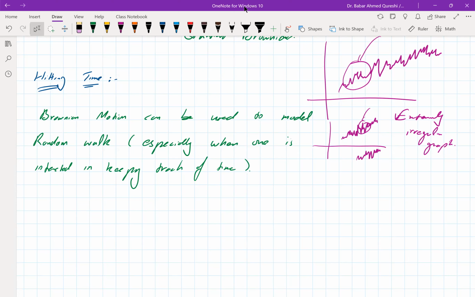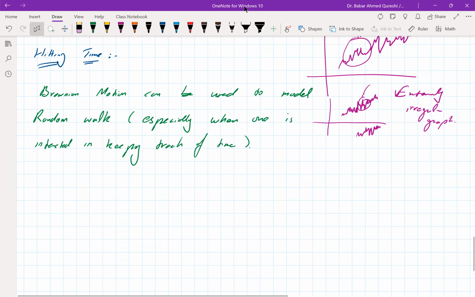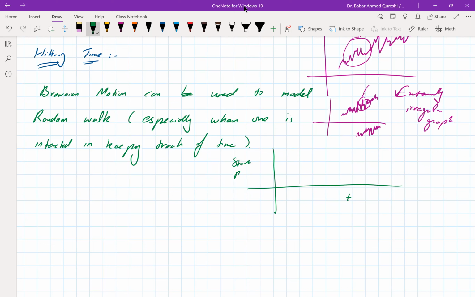So that's one of the main motivations behind Brownian motion. So, for example, one could be studying stock prices and model them using Brownian motion. So there's a random hit up, down, up, down.